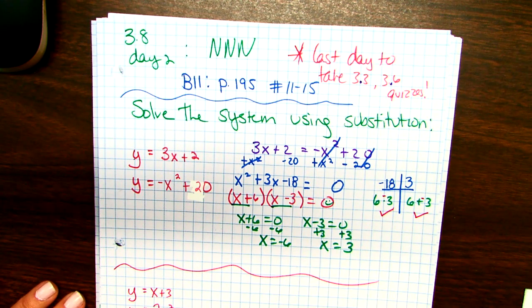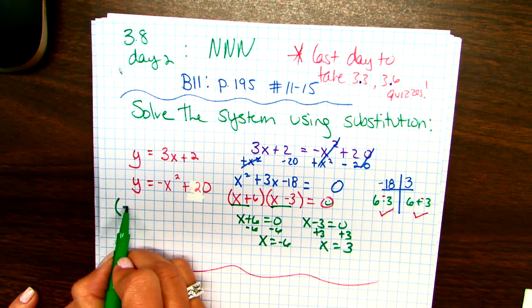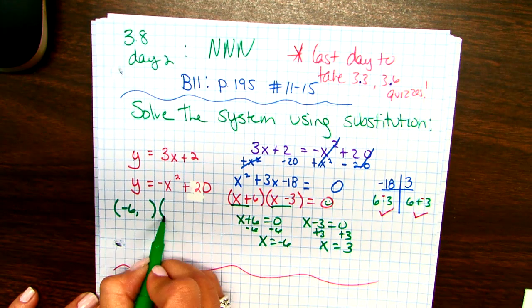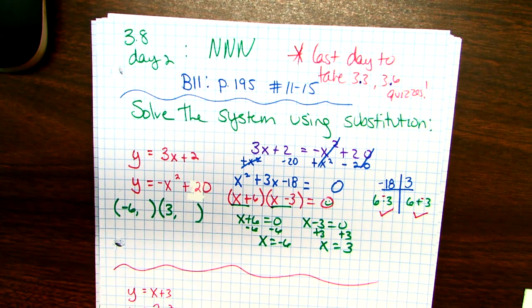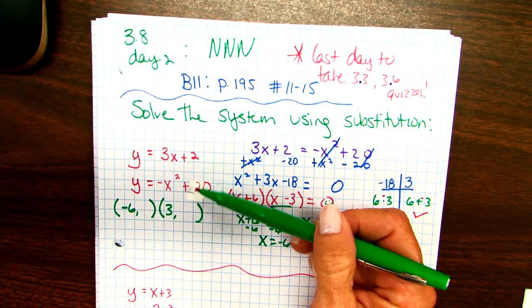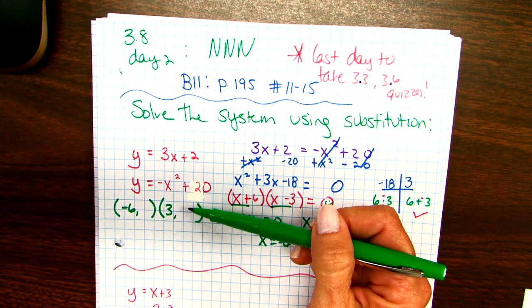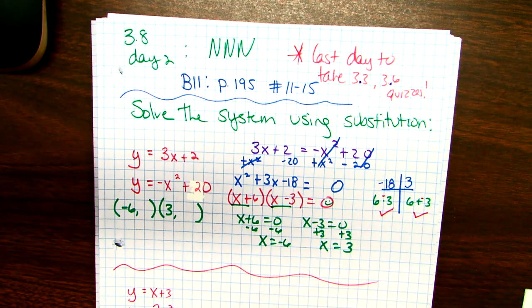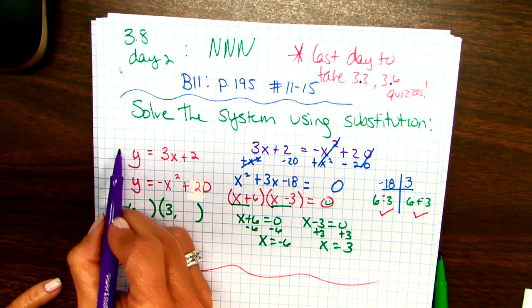Now remember, this is our 2 x values. We need ordered pairs. So what we just found is the x value of each of the 2 ordered pairs. And now you can use either of your original equations and plug these each in separately and solve. So much easier to plug into this one, right?